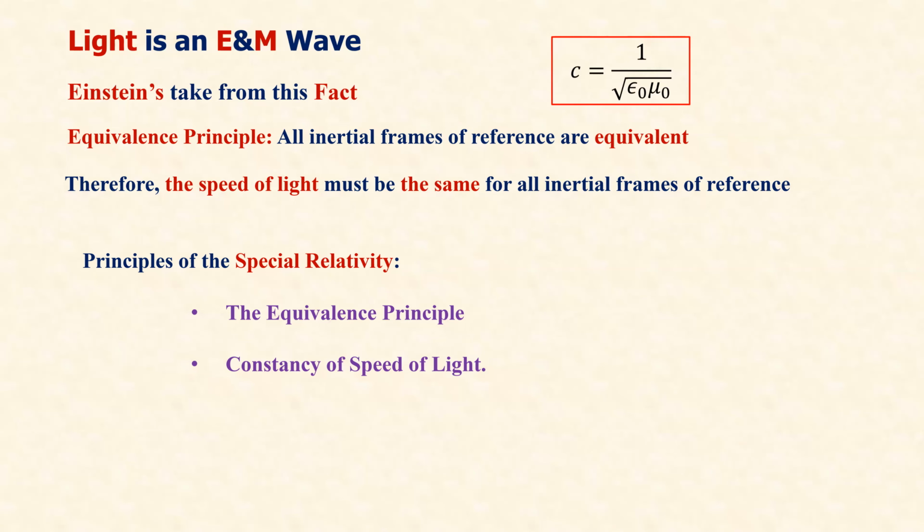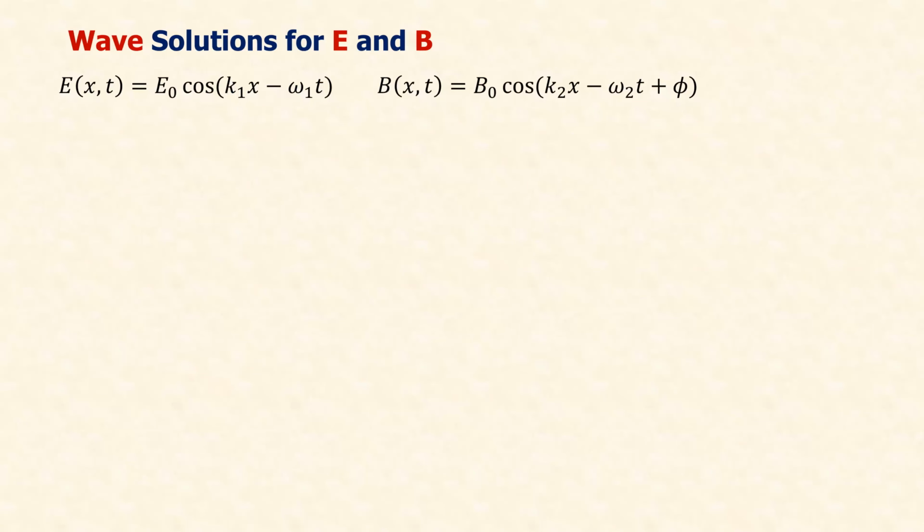I'm going back to the electromagnetic waves again to see why it is exactly as you saw in that animation. All right. The wave solutions of E and B are both of this form, but until now there's no reason for the wavelength to match.